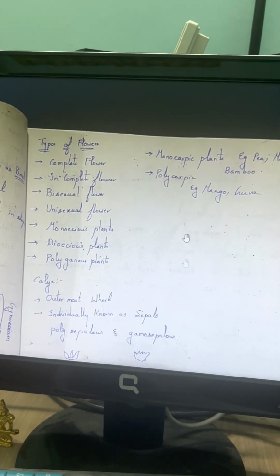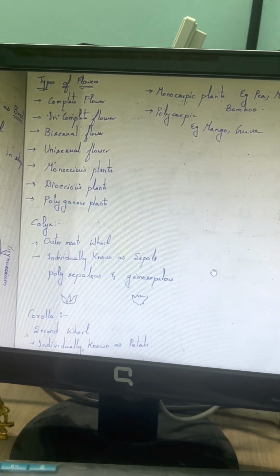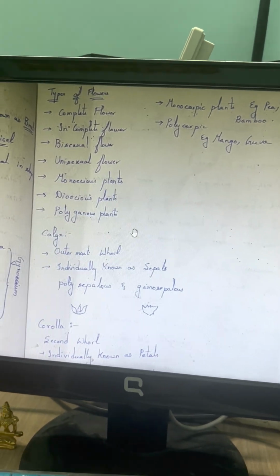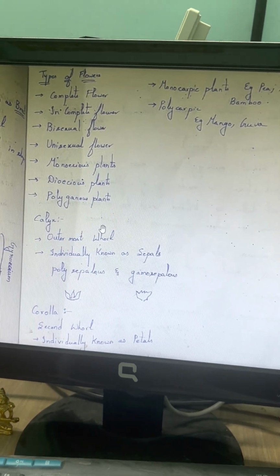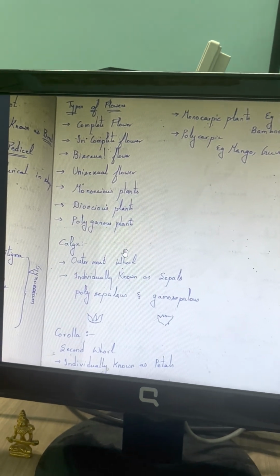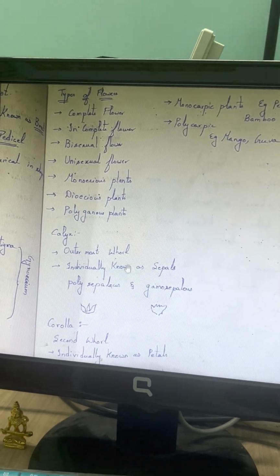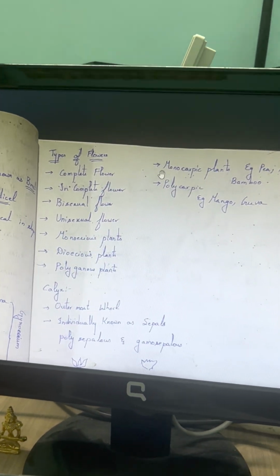Dioecious means one plant contains only male flowers and another plant contains only female flowers. Polygamous means having male, female as well as neutral flowers, which don't have any male or female parts inside the flower. Hope you understood these types of flowers, right?